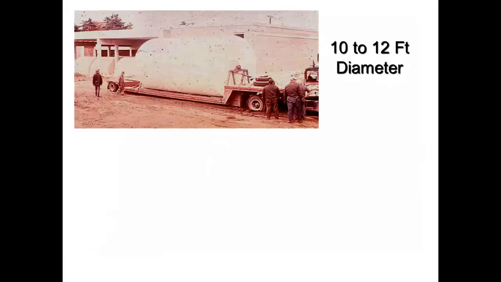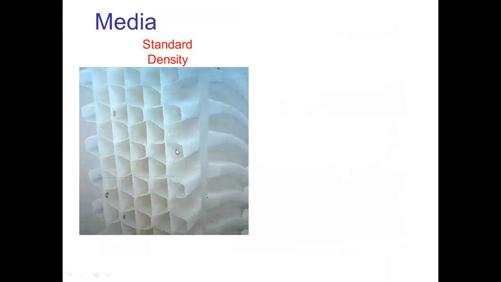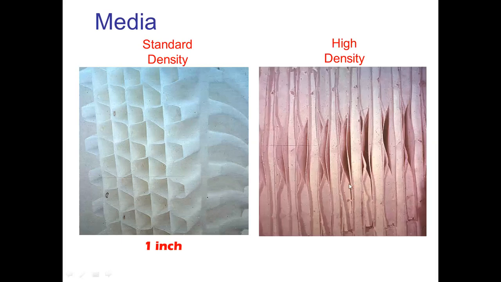Then usually RBCs have 10 to 12 feet diameter. Some of them are 20 to 25 feet long. Then media, this is standard density media, 1 inch, and high density media.